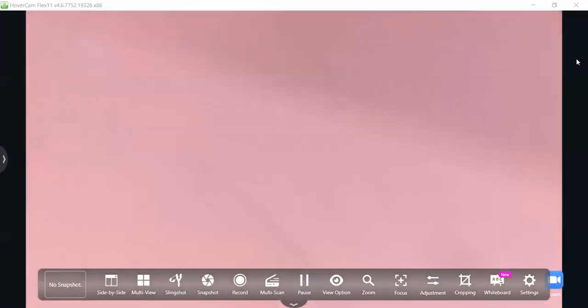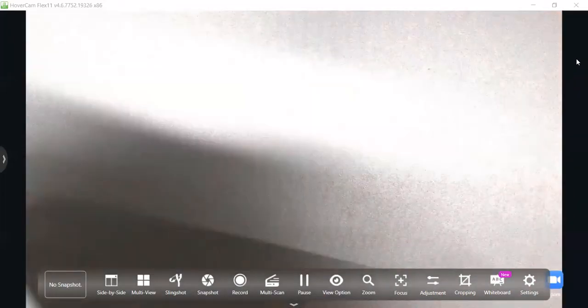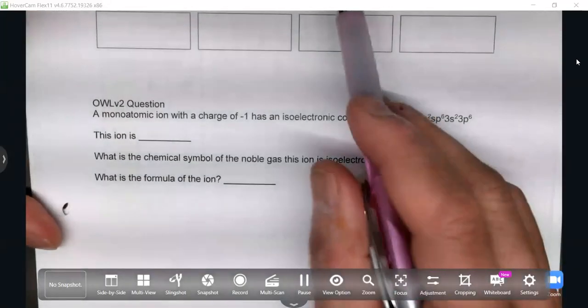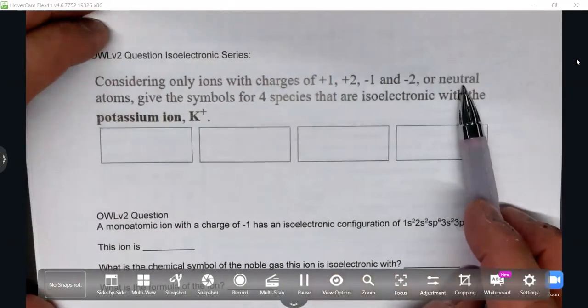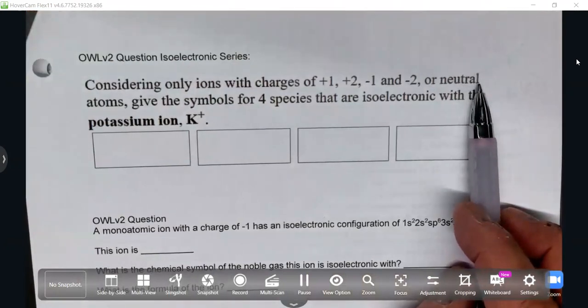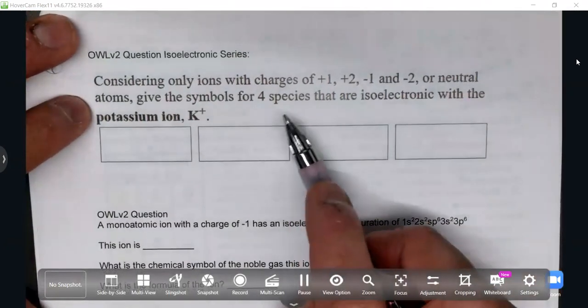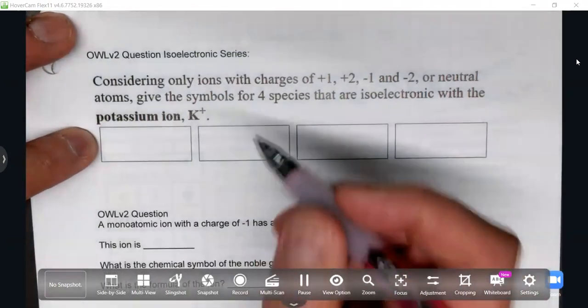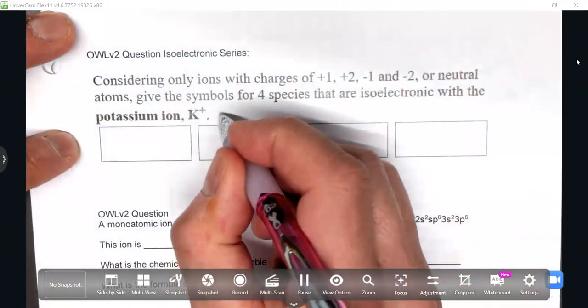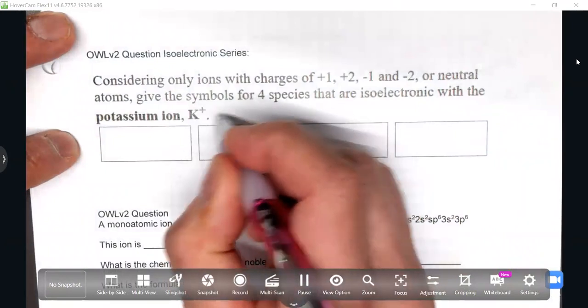All right, here's an odd question. Considering only ions with charges +1, +2, -1, -2, or neutral, give the symbols for 4 species that are isoelectronic with potassium. So first of all, what is potassium as an ion?